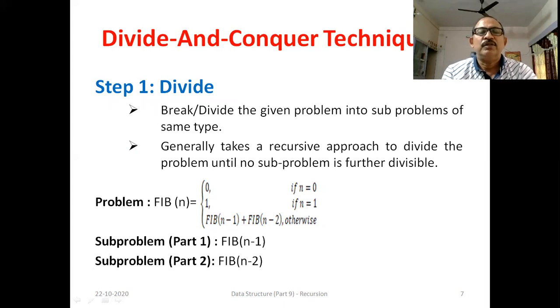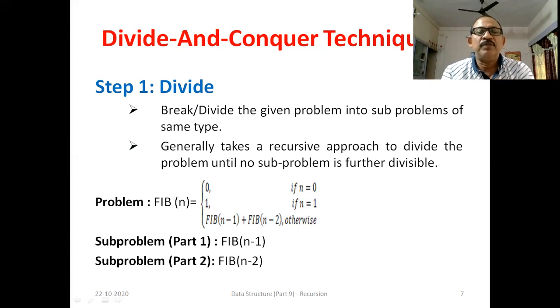So here the problem is to determine the Fibonacci of n. And here we divide the determining process of Fibonacci n into two sub-problems. First sub-problem is determining or calculating the value of fib n minus 1.